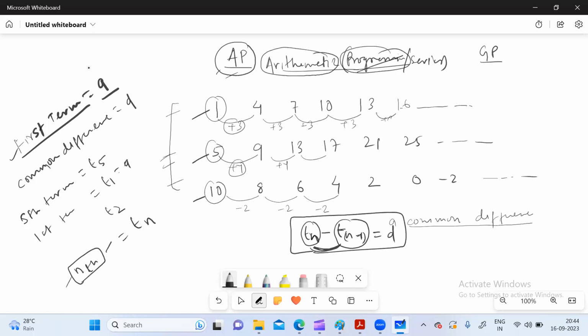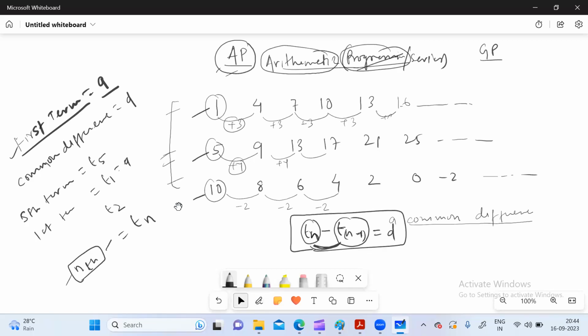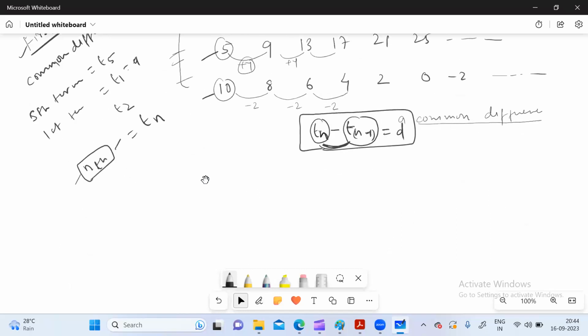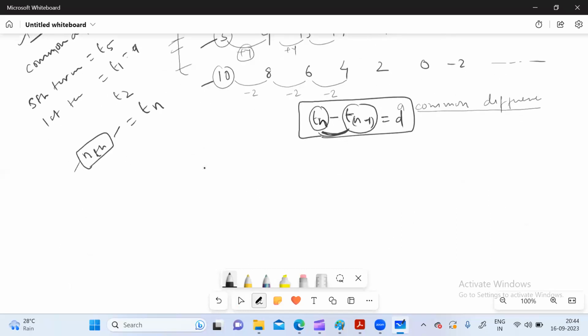So this visualization is important. Sometimes we ignore the representation, and that's why mathematics becomes difficult. Like we can put that in an example. If Tn is the fourth term, then T4 minus T3 will be the common difference.